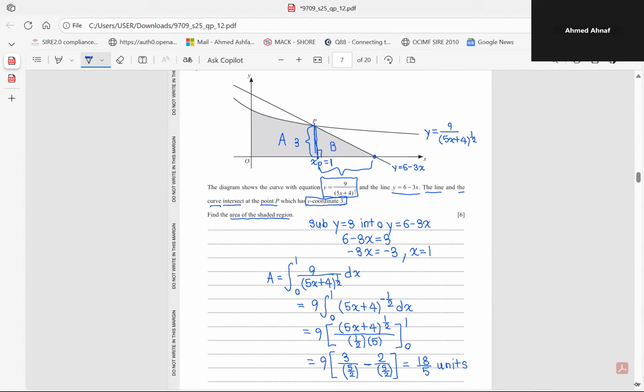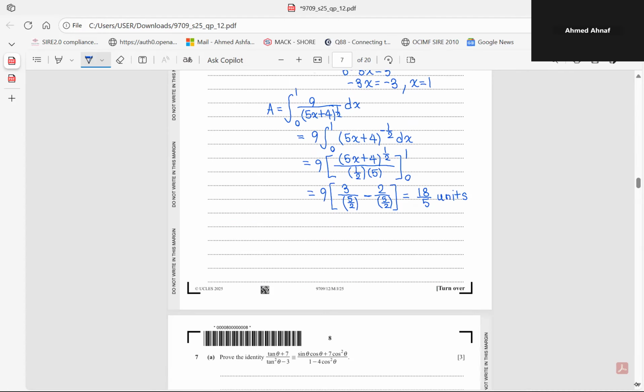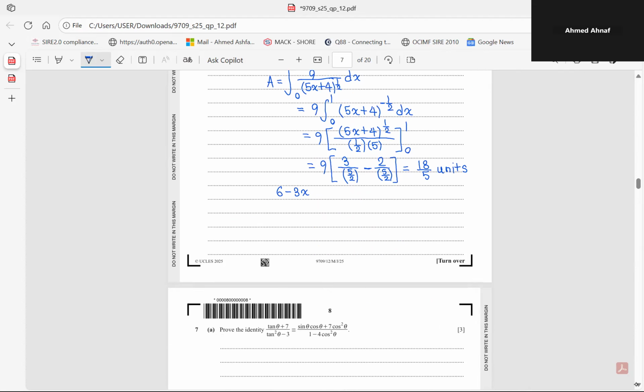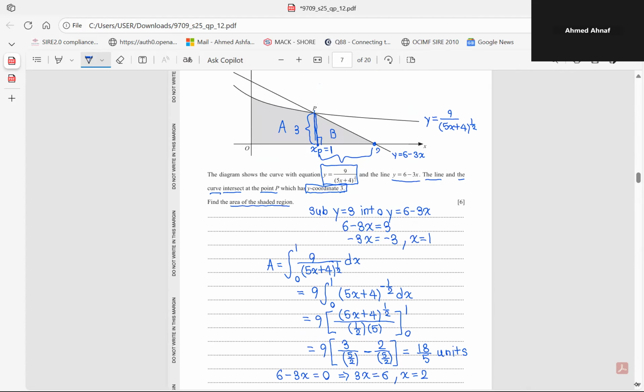So we have to find this intersection point, which is very simple to do. Just substitute 0 into the straight line equation. You'll get 6 minus 3x equals 0, which would give you 3x equals 6, and you'll get x equals 2. So this is 2. So 1 minus 2, this is just 1 unit.